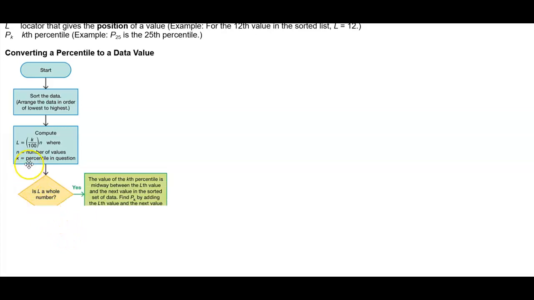Now, if the value of L is a whole number, then the value of the kth percentile is midway between the Lth value and the next value in the sorted set of data. Then you would find the percentile of K by adding the Lth value and the next value and dividing the total by 2.